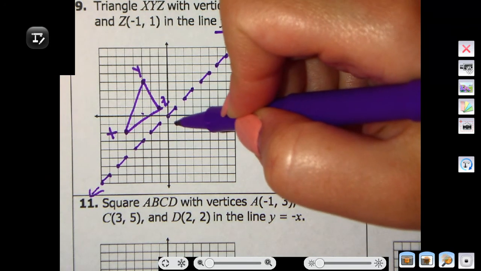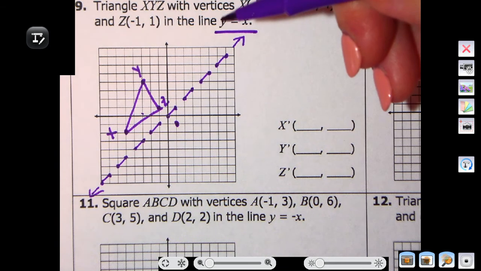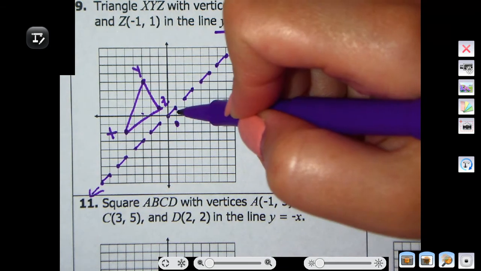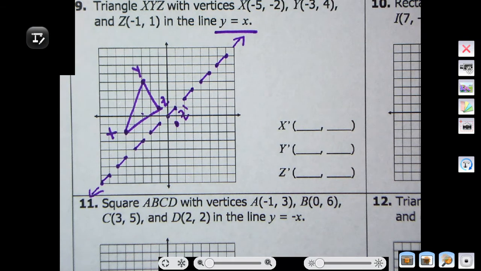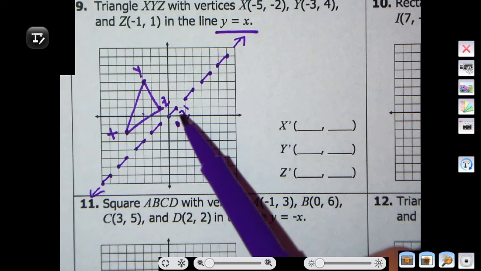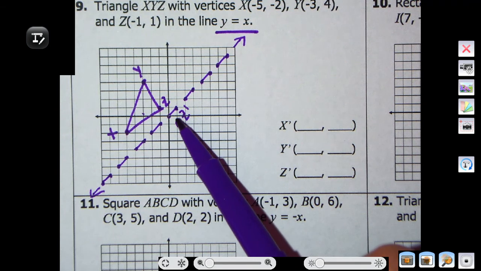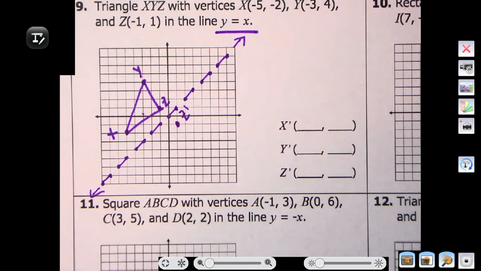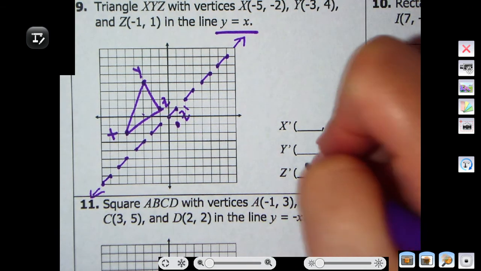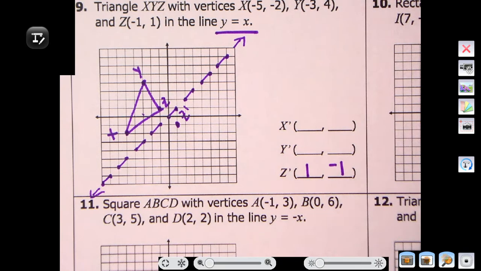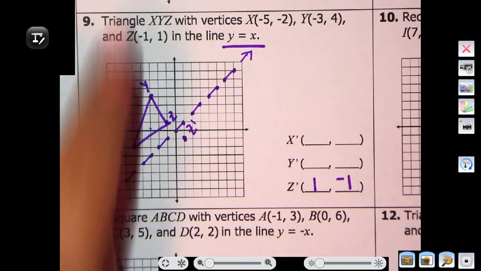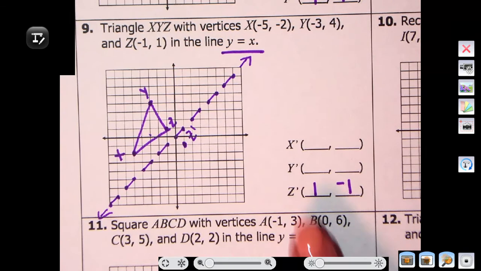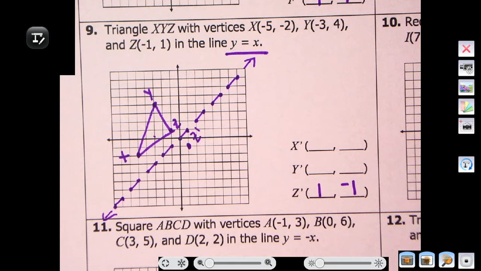So it's going to go right there. That will be Z prime. So the coordinate for this point Z prime is 1, -1. Okay, so we went from -1, 1 to 1, -1.